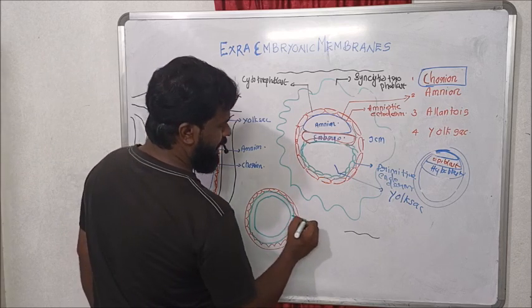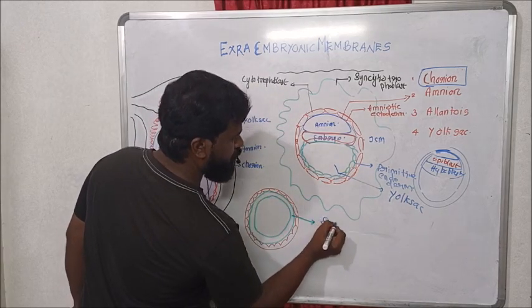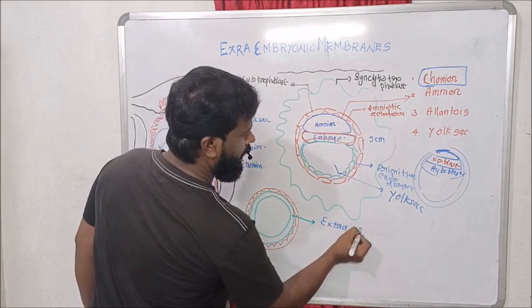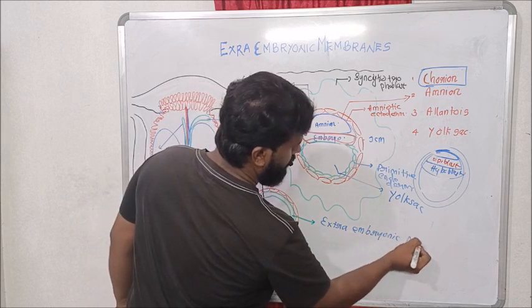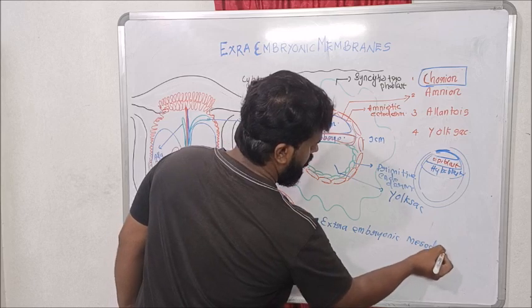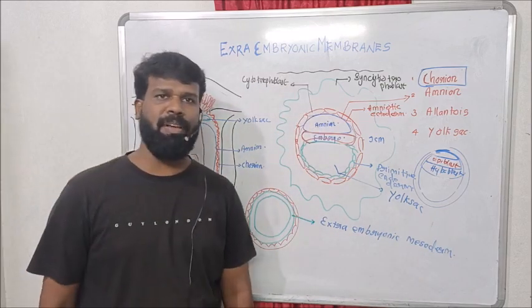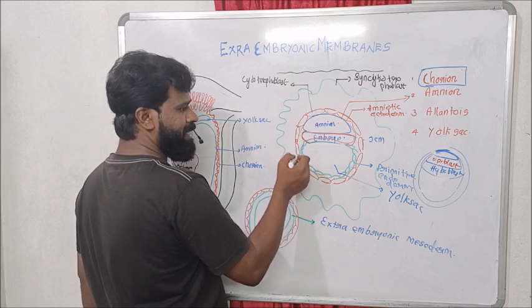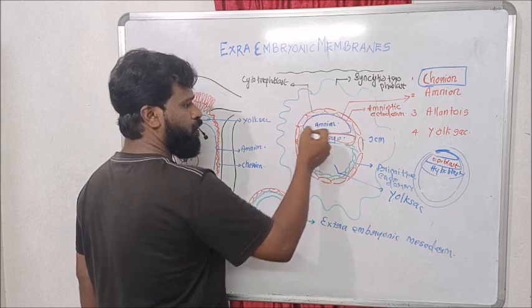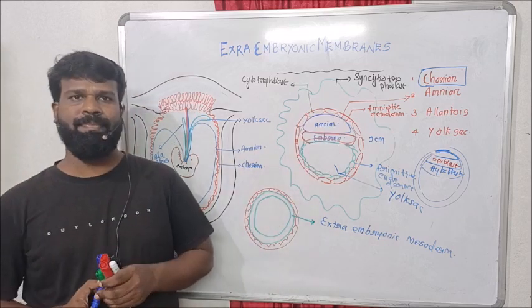This cellular layer is called extraembryonic mesoderm. This newly formed cellular layer, the extraembryonic mesoderm, forms inner to this cytotrophoblast. Okay.